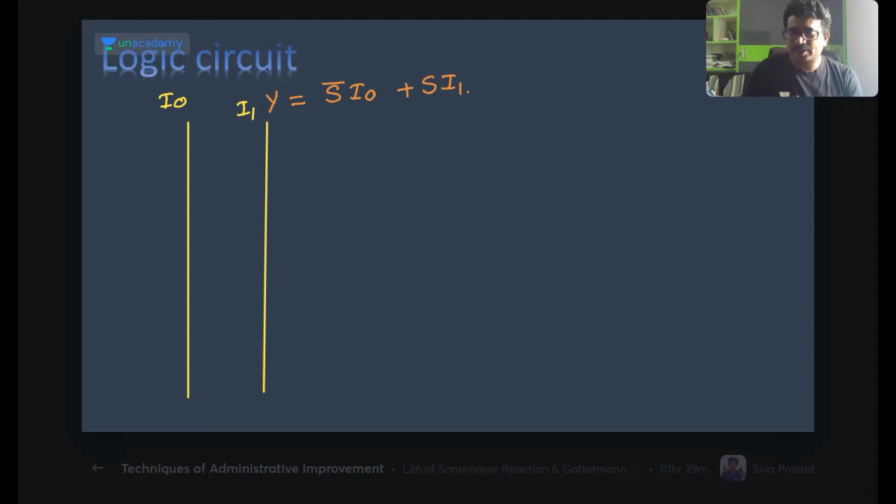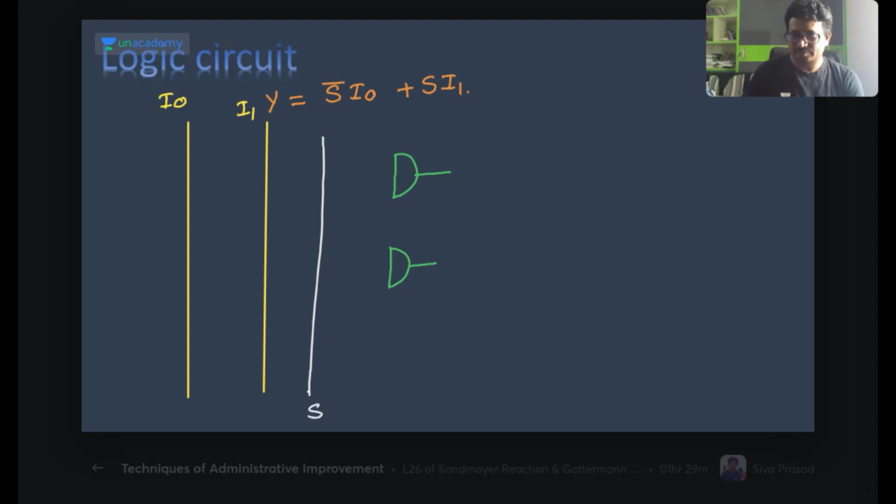And these two are given to your AND gate. This is the AND gate. What is the input for this AND gate? I have taken one more input here, another input. This is my S, I'm calling.